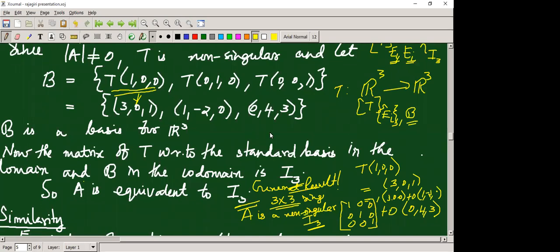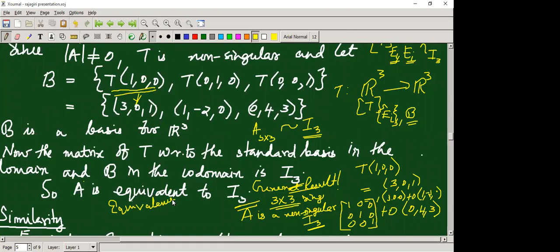That is why in elementary row and column transformations, any non-singular matrix A can, by applying a sequence of elementary row and column transformations, be reduced to the identity matrix of order 3. So this is actually equivalence. The first case we have discussed is equivalence.